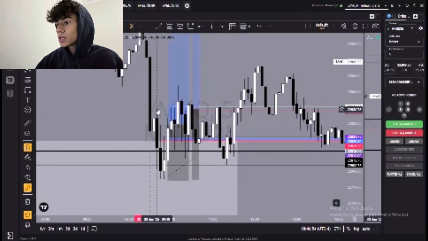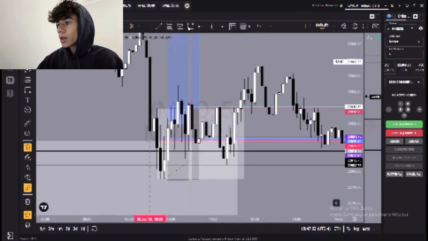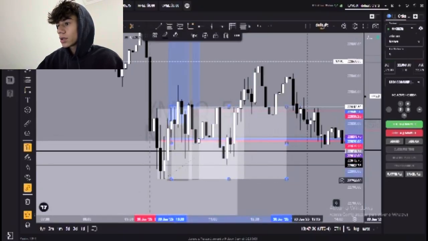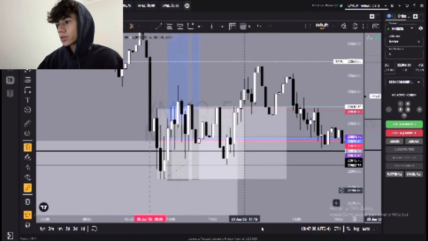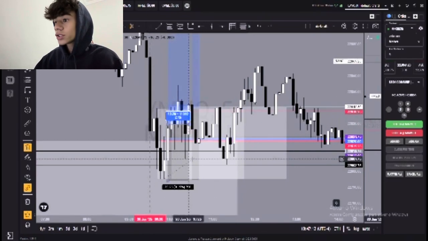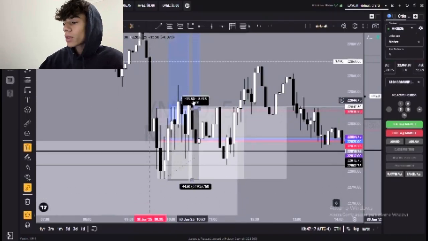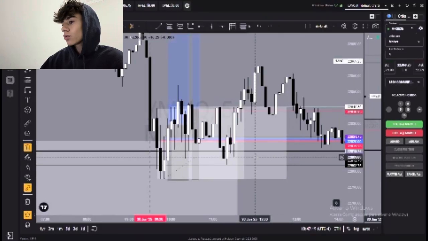And right here, you could see that we have this breaker block for this order block right here. This order block and this breaker block right there. Now, all I waited for was price to come into it after we broke structure to the upside. After we took out those lows, we broke structure to the upside, and we filled in both the breaker block and the order block.